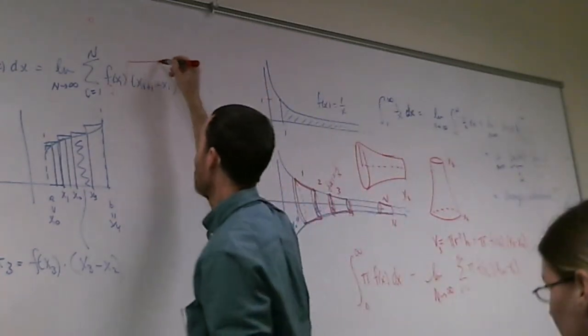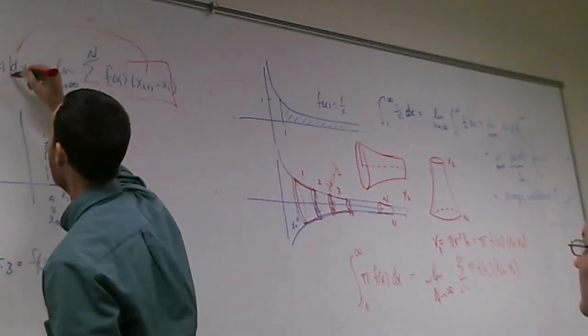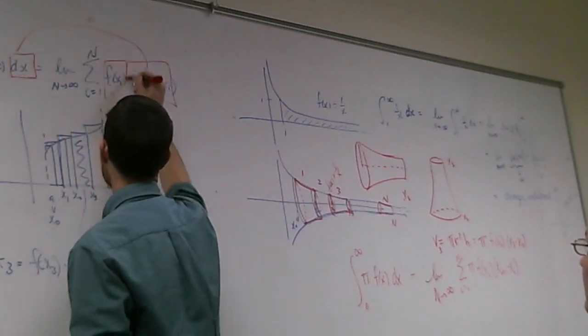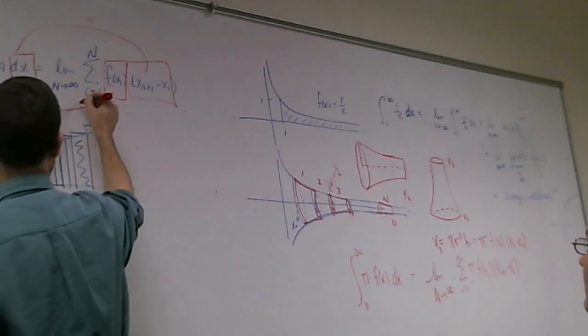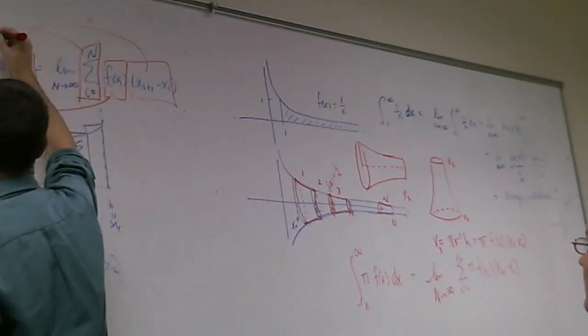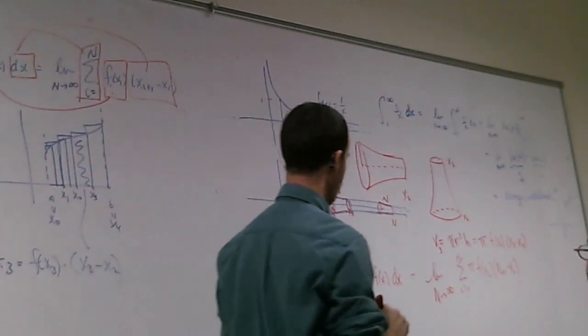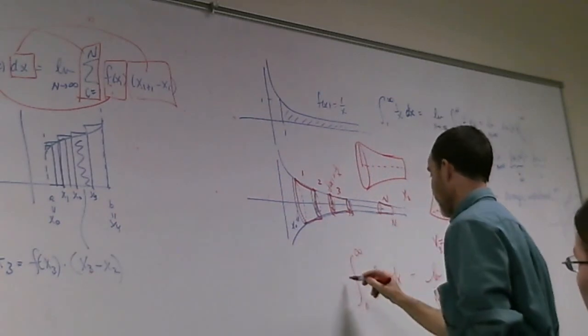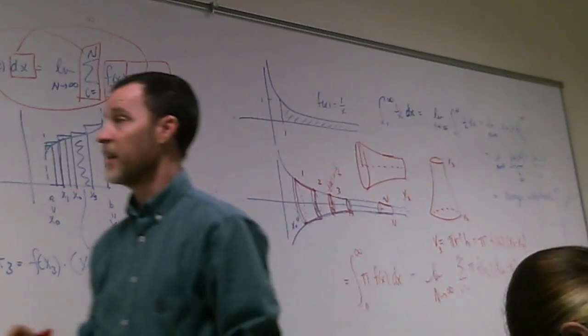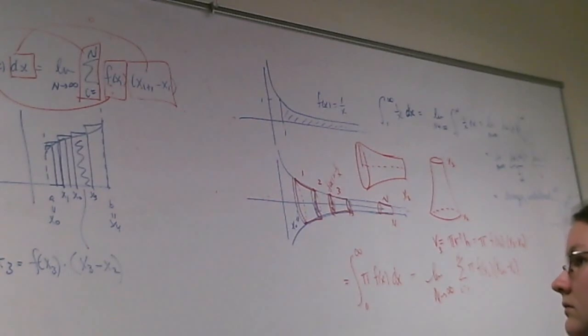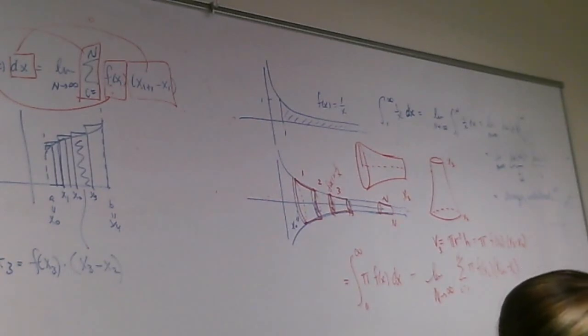This part becomes the dx, that part's my f of x, the sum becomes my integral. So this says that volume is nothing but an improper integral. Factor out the pi, replace f of x with 1/x.